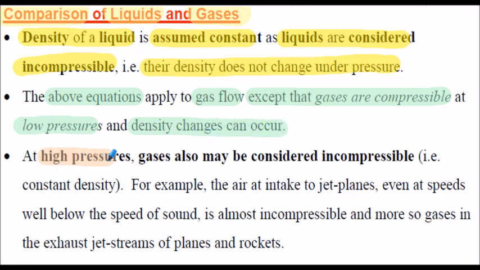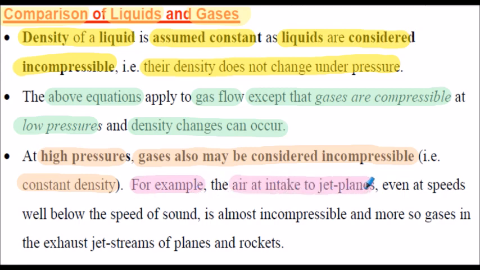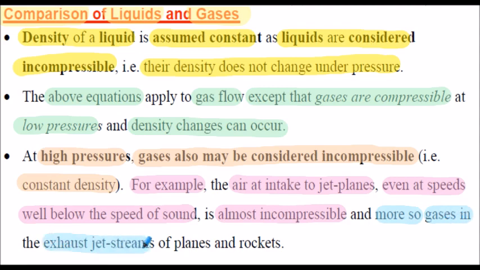However, at high pressures, gases may also be considered incompressible and so have constant density. For example, the air at intake to jet planes, even at speeds well below the speed of sound, is almost incompressible, and more so gases in the exhaust jet streams of planes and rockets. Again, that's just for reference.